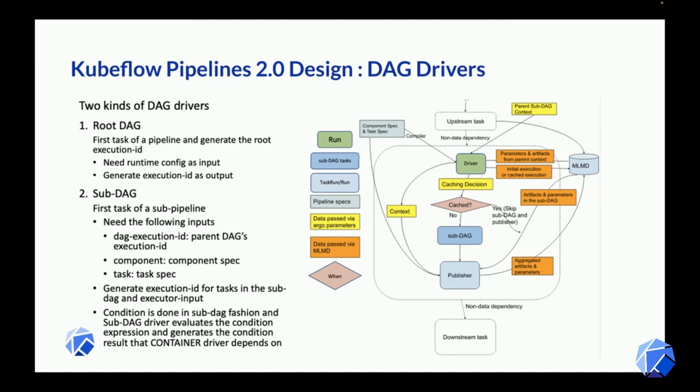Once the sub-pipeline is done, it's going to generate execution IDs for the tasks in the sub-DAG, and any executor inputs for all the components and tasks that need to be run in that pipeline. And there's also a caching mechanism: if this sub-DAG is already cached, the condition can match, and if the cache is hit, it will be able to skip the whole sub-DAG and not have to rerun all those components that were already produced in the previous sub-pipeline.